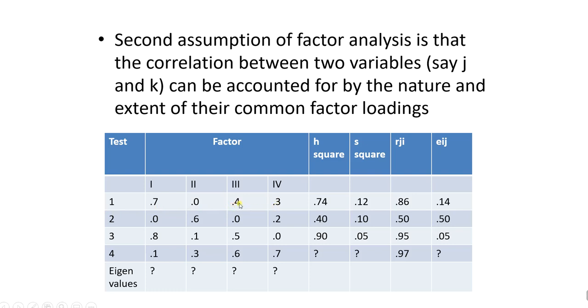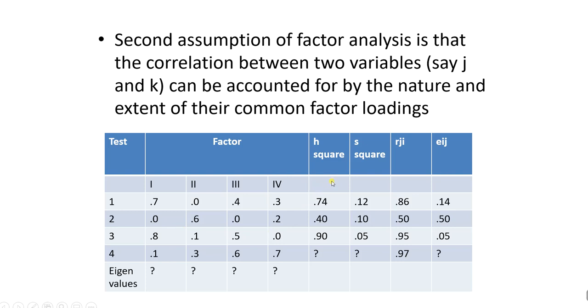So 0.16 plus 0.09 will be 0.25, and with 0.49, when you add it will come to 0.74. You can do it later on. While viewing the slide, you can pause this video at this stage, do the computation manually and check it.